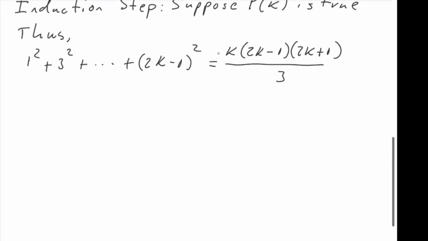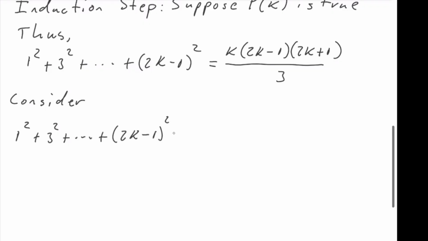Okay, so consider the sum of the first k plus 1 terms, right? So 1 squared plus 3 squared plus dot dot dot plus 2k minus 1 squared plus 2 times k plus 1 minus 1 squared.